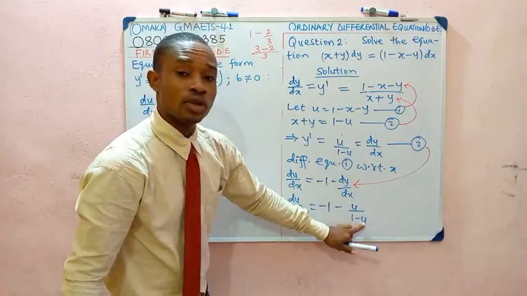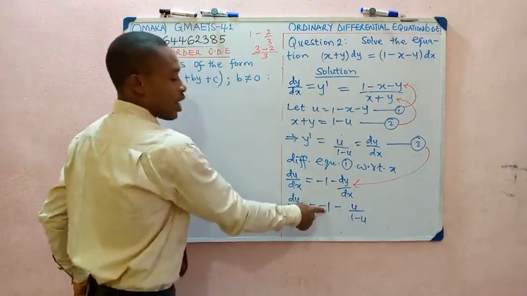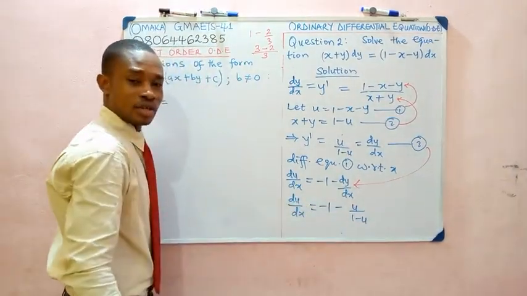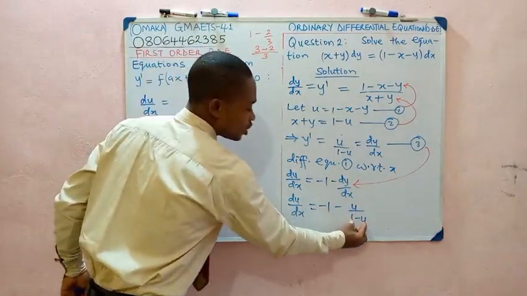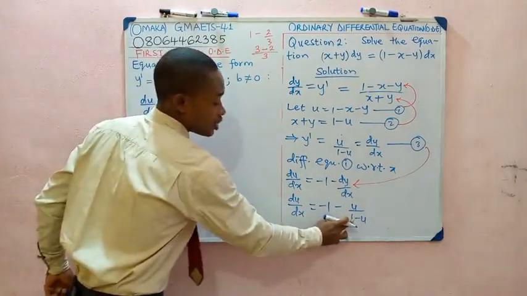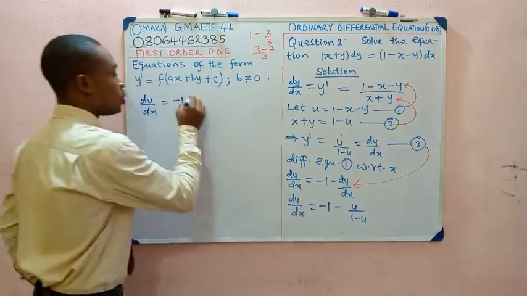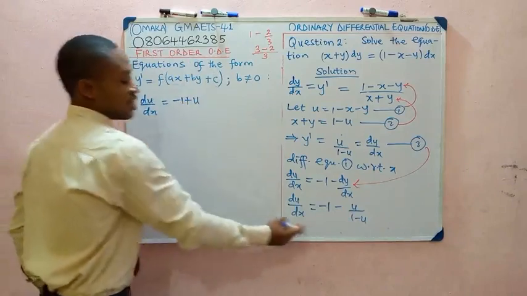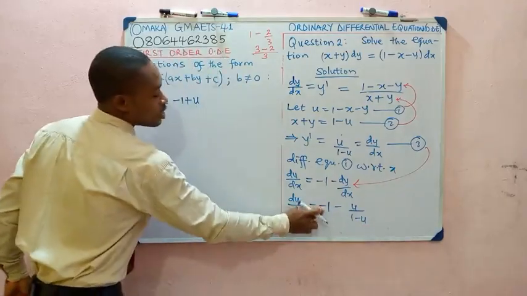1 minus u is the denominator here. So it's going to be 1 minus u times minus 1. You know what that's going to be, is that not so? If you use this to multiply minus 1, these signs will change. So it's going to become minus 1 for this, because this times minus 1 will give us minus 1. Then minus u times minus 1, which will change to what? Plus u. So this minus 1 plus u is the value of 1 minus u times this minus 1.